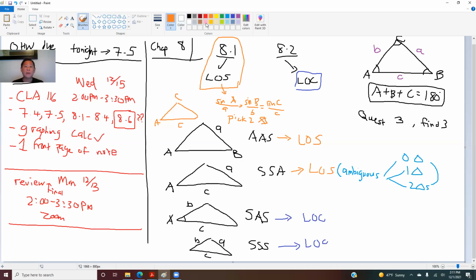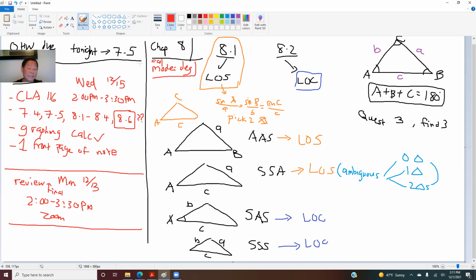This is also very important: in this chapter 8, the majority of the questions are all in degrees. So when you look at your calculator, make sure your calculator is set in degree mode. I have students in the test who set the mode in radian, and the rest is all going to be wrong.